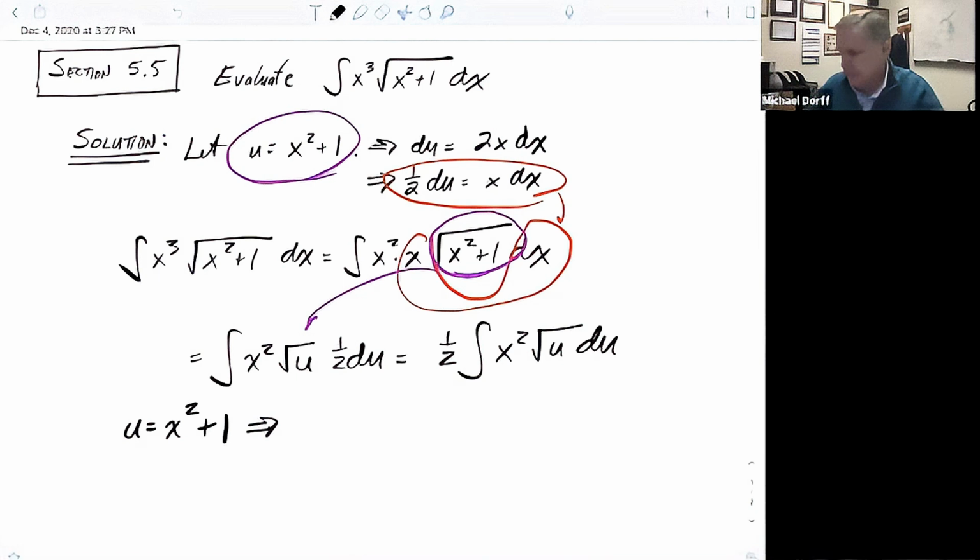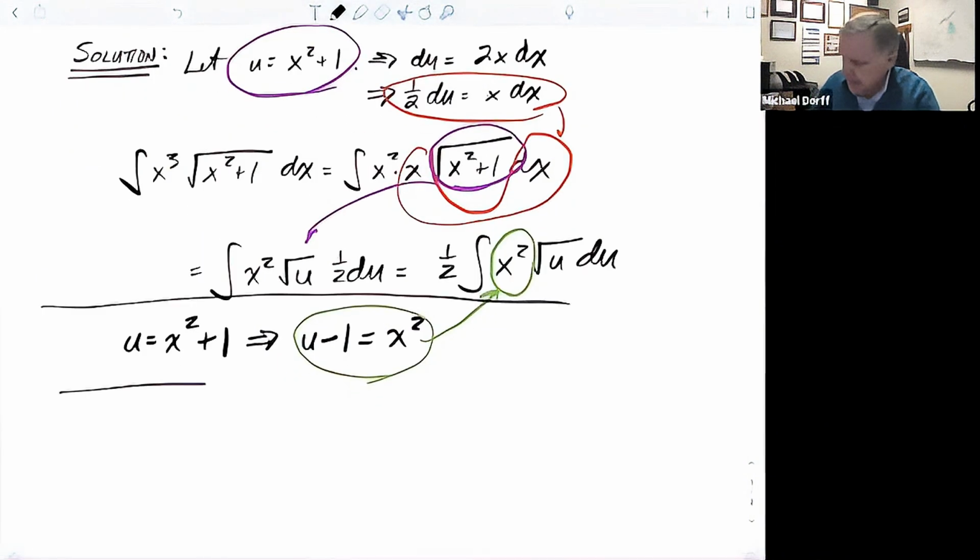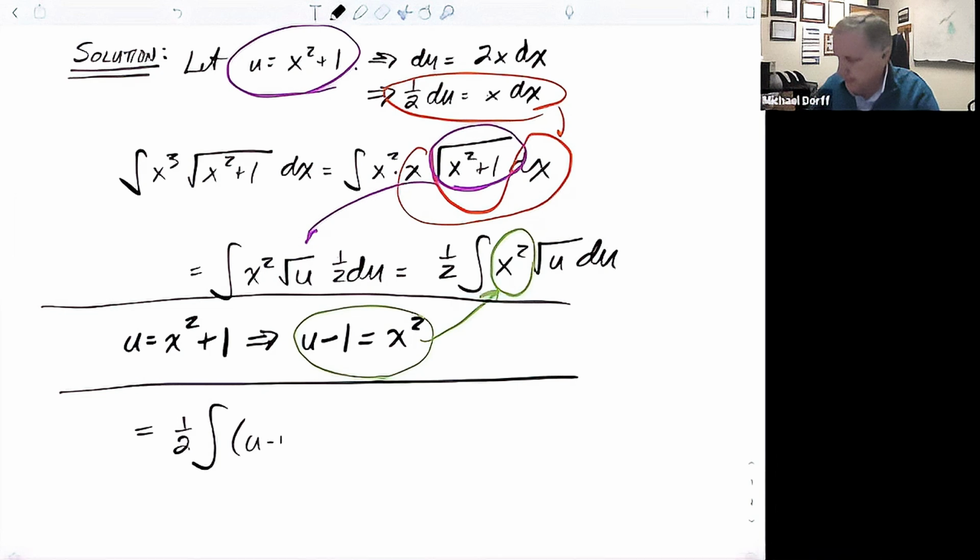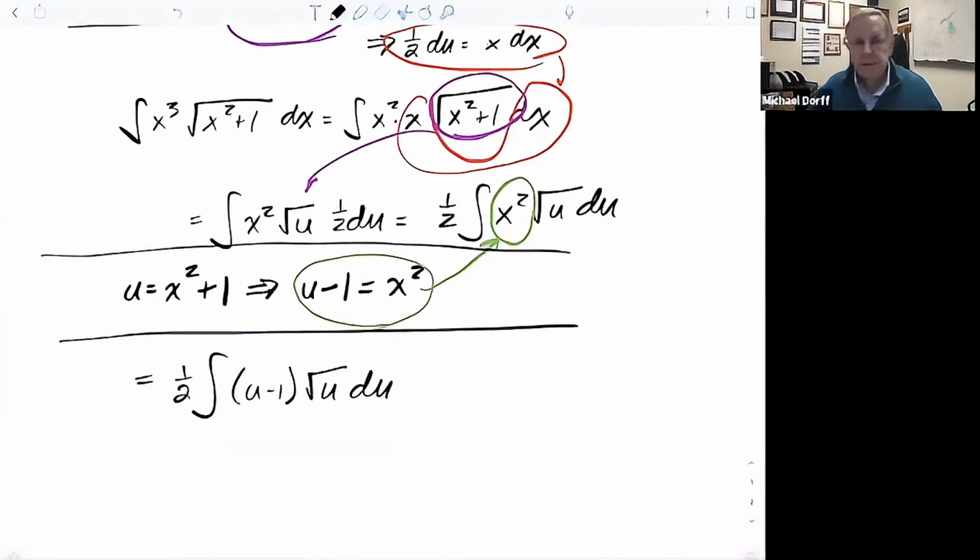So when I subtract 1 from both sides, I have u minus 1 equals x squared. Now I can substitute that in for my x squared. When I do that, my new integral becomes 1/2 the integral of u minus 1 times the square root of u du. This may look more complicated, but actually this allows us to solve the problem.